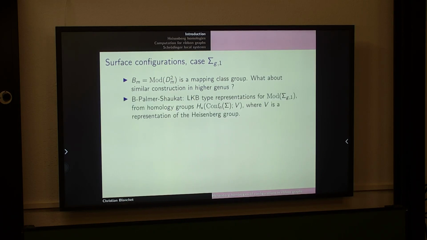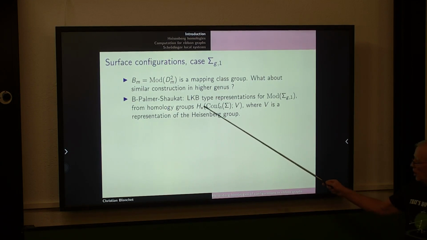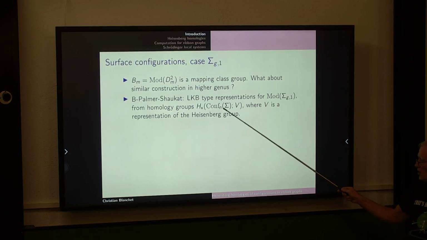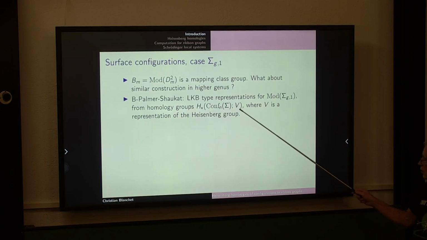And the first step of this program was to obtain LKB, so the previous braid group representation, a similar representation for the modular group in this case, from homology of configuration space in the surface with a certain local system.